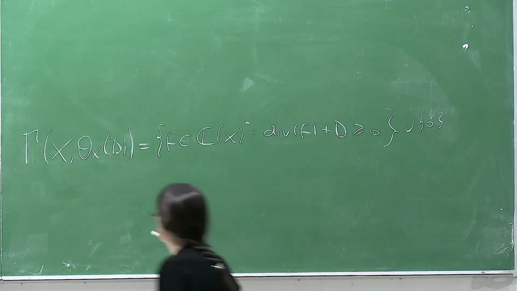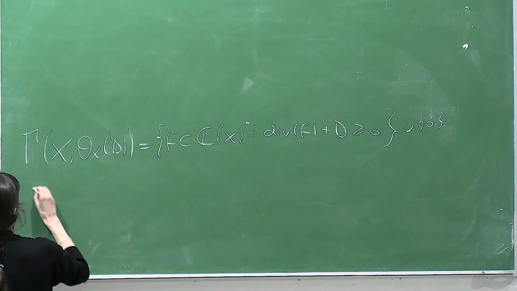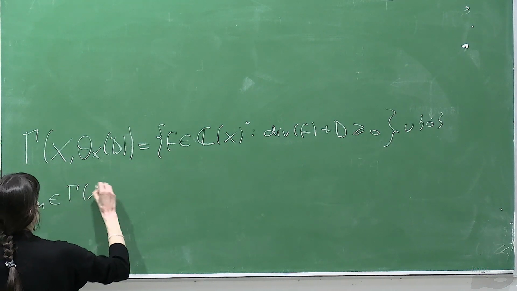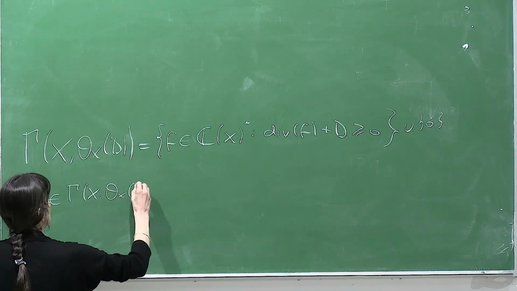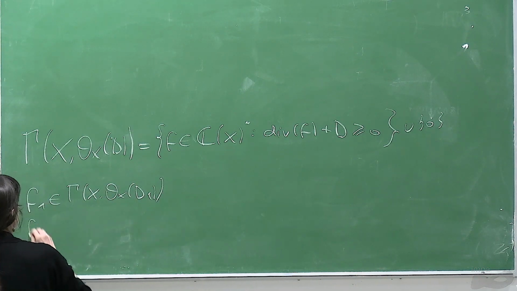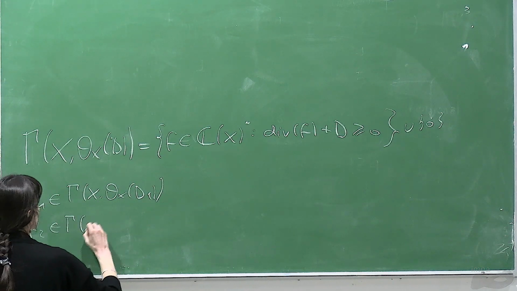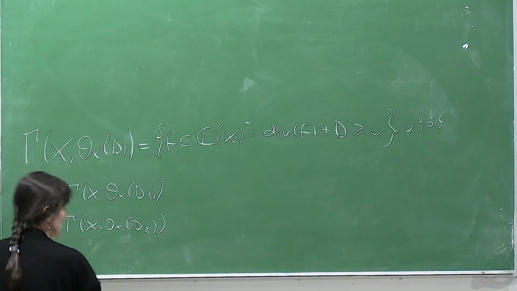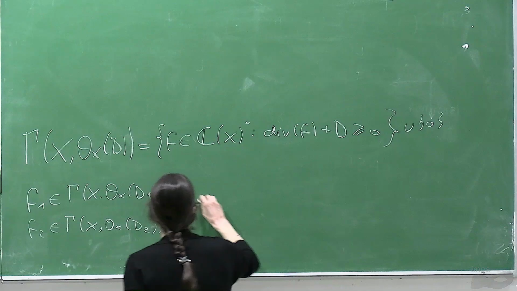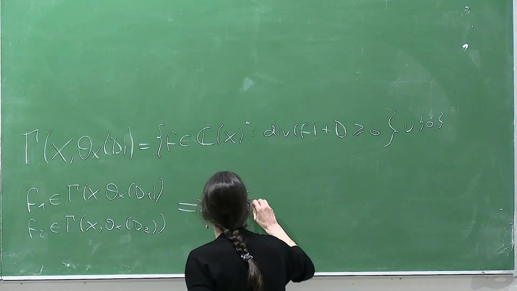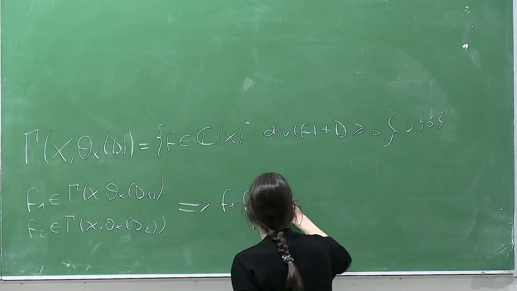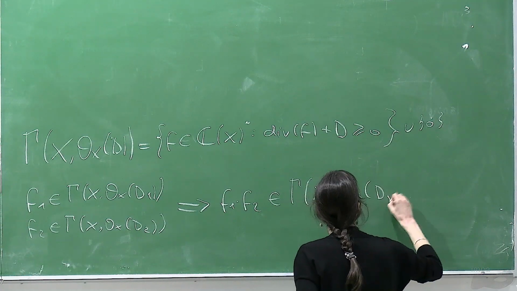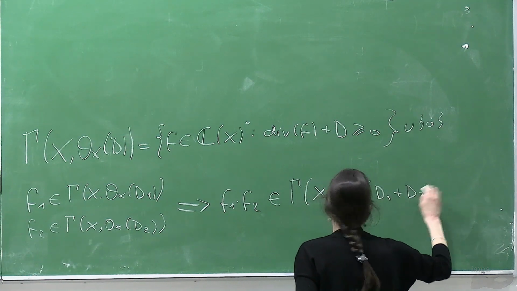So if I have F1 in this piece and F2 in this other piece, of course, if we do the product as a rational function, this lives in the sum of the degrees.